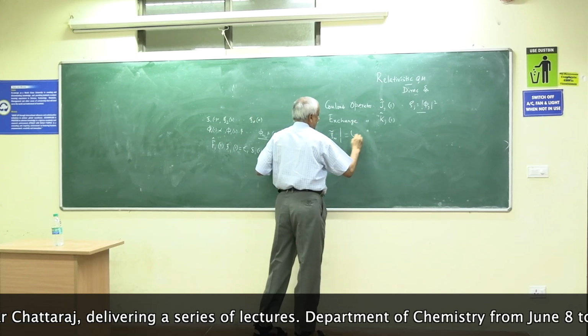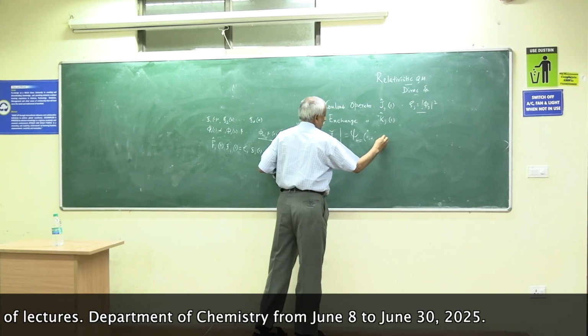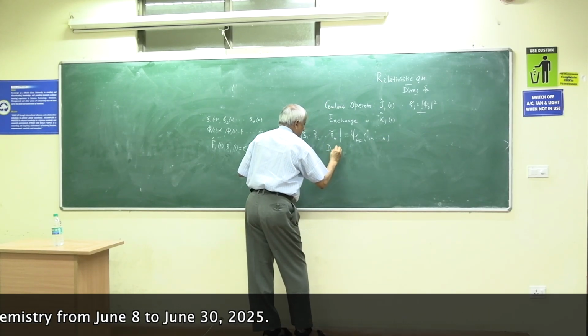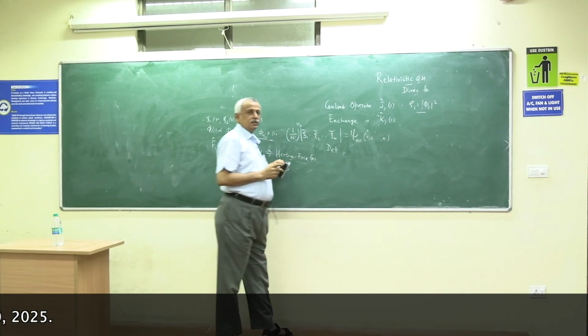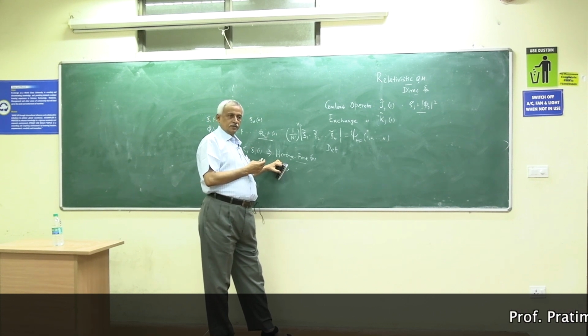So this is your psi Hartree-Fock 1, 2, n. What it says is that this is your Hartree-Fock wave function, which comes in the form of a Slater determinant, as opposed to a product function which was there in Hartree theory.